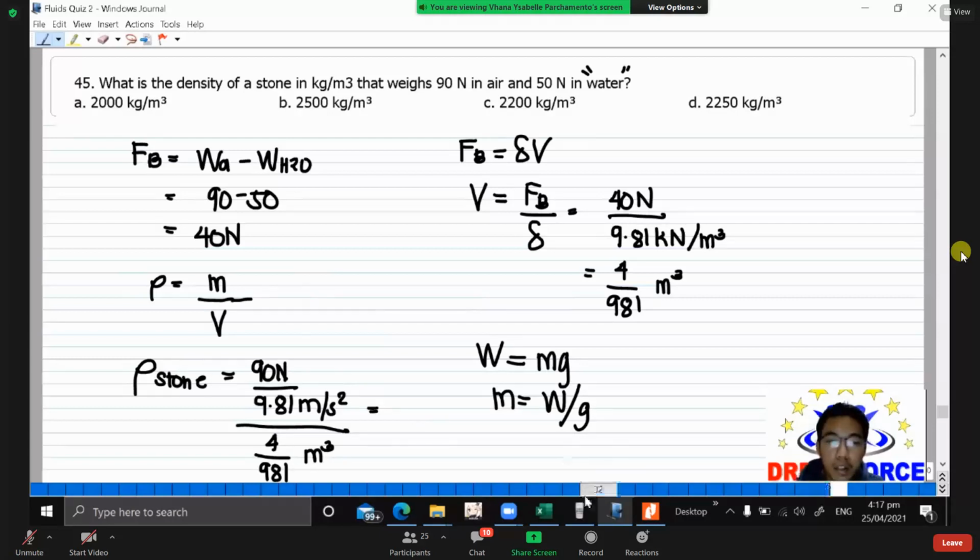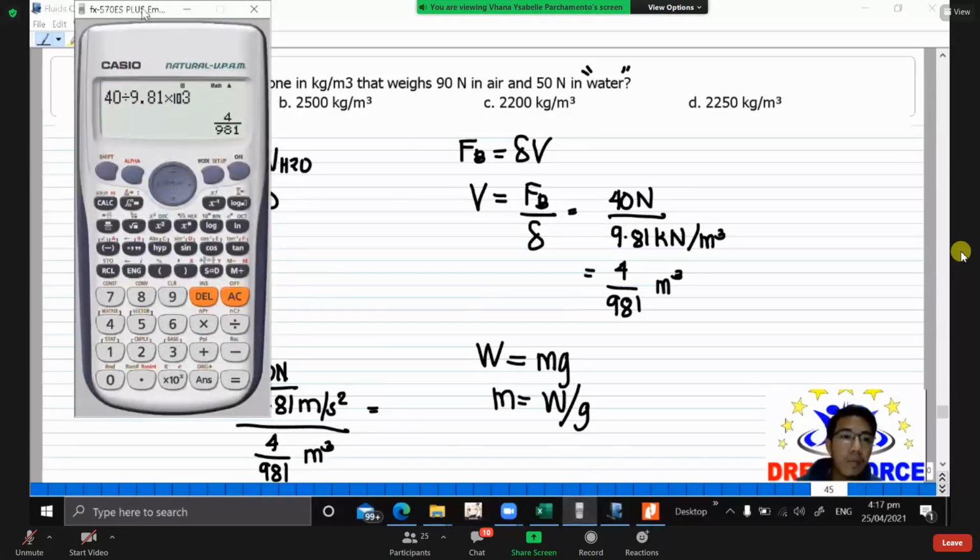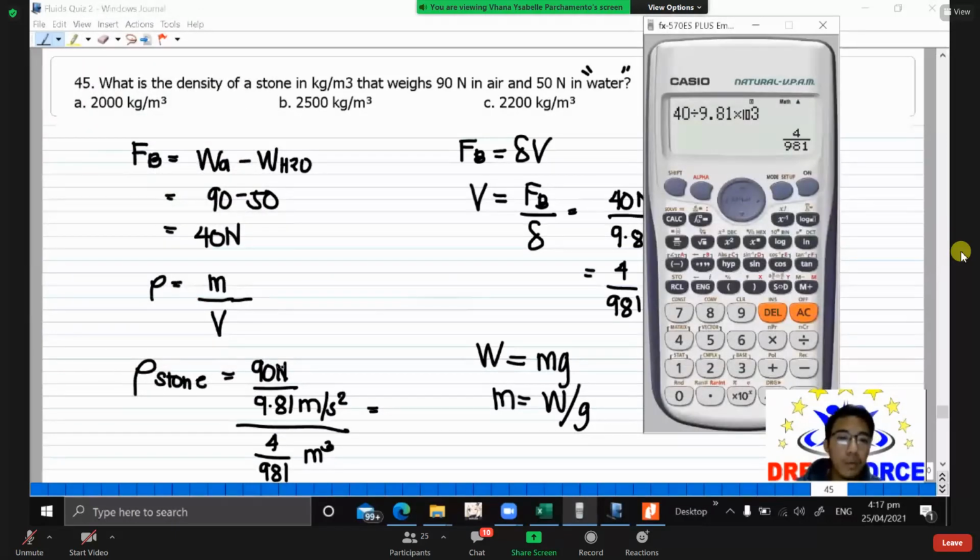Okay, so what is our density? So this is newton meter per square second. Right? It becomes kilograms. This is newton, kilogram meter per square second. So cancel the meter per square second. You have kilogram per cubic meter.